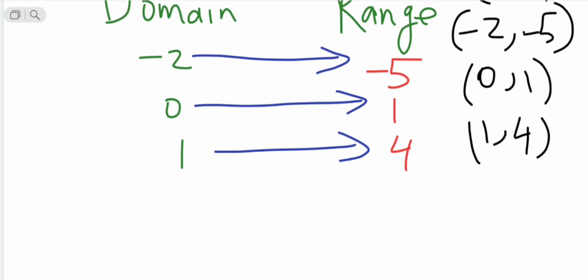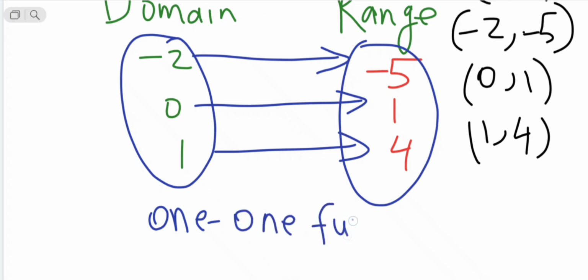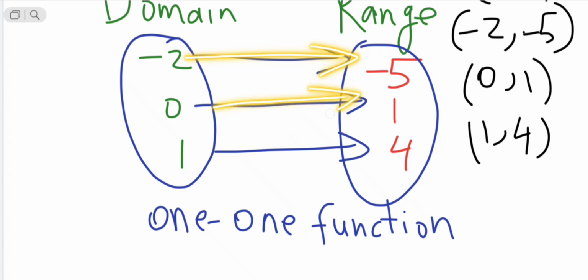So this type of function, if each domain has a different range, we say it is a one-to-one function.